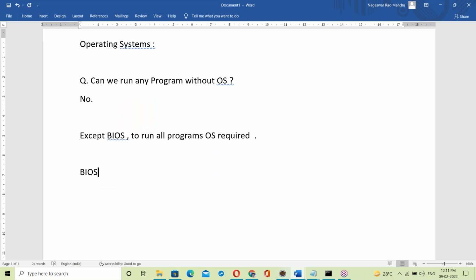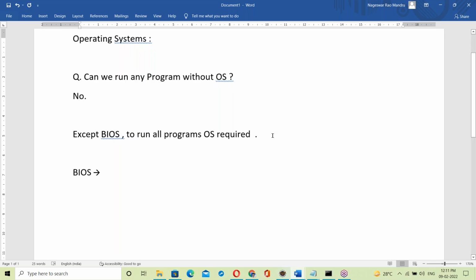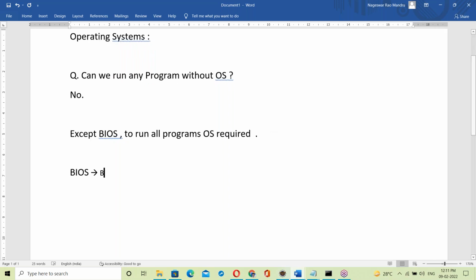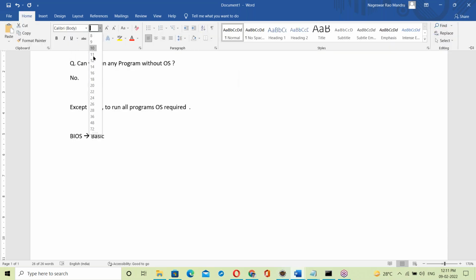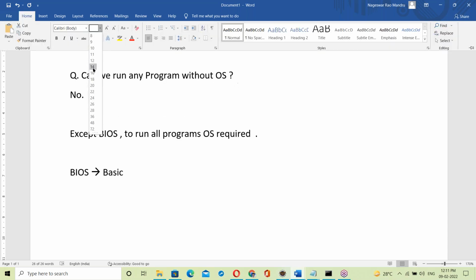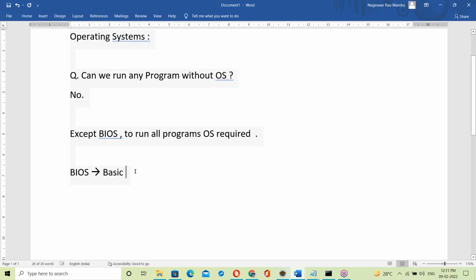What is BIOS? BIOS stands for what? Any idea? Basic Input and Output System.